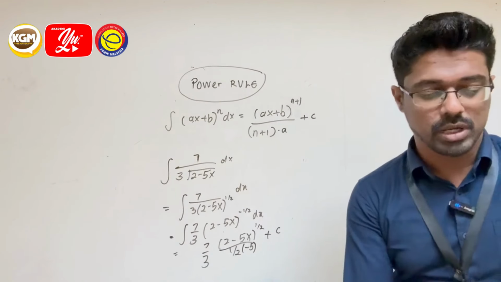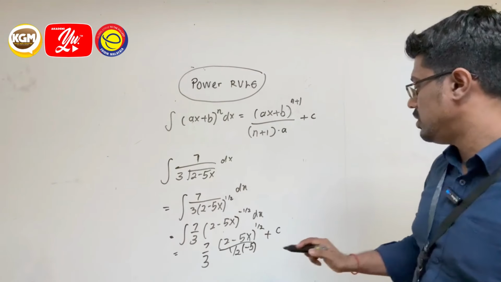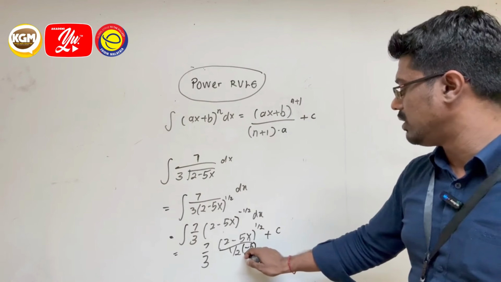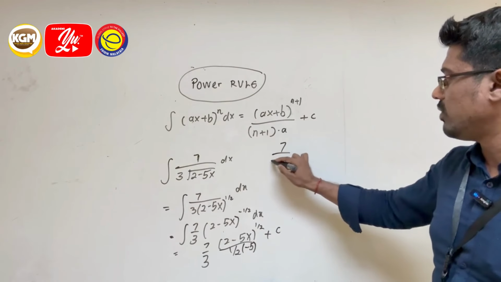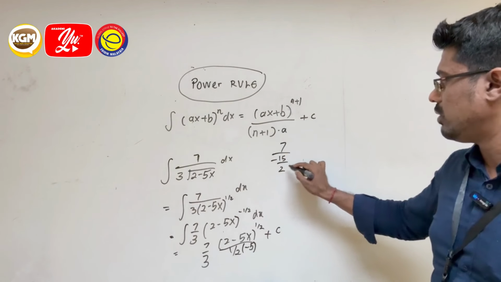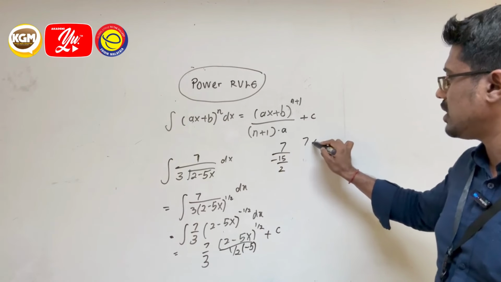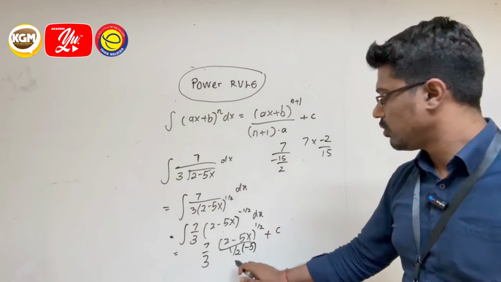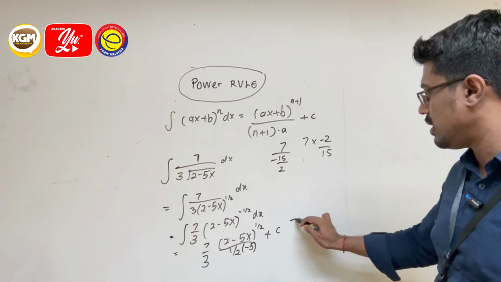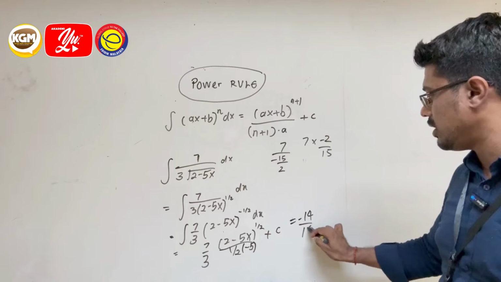Oh, good, I didn't bring my calculator. So here this is going to be negative 5 over 2 times 3, negative 15 over 2. So 7 divided by negative 15 over 2, that is 7 times negative 2 over 15, which is negative 14 over 15.